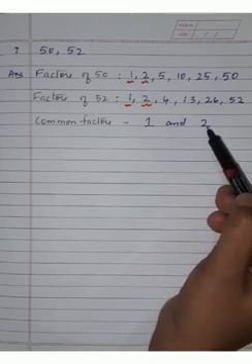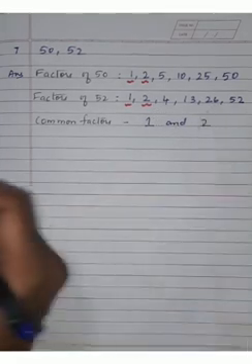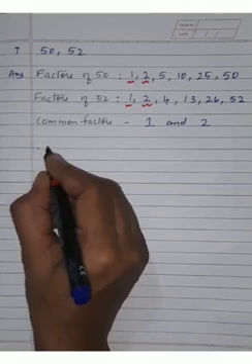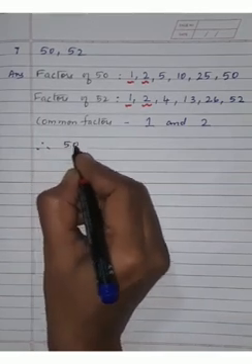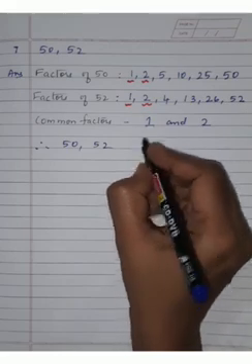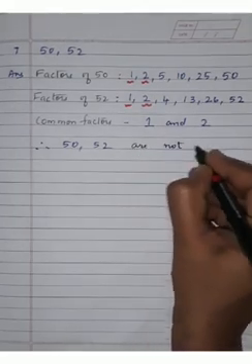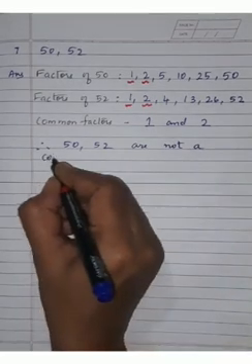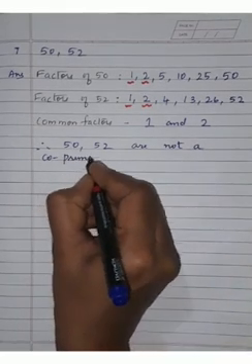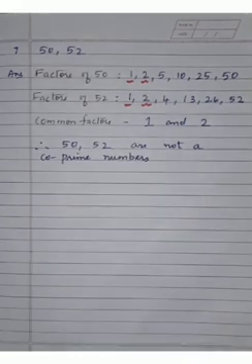But here we are getting 1 and 2 as common factors. So that means 50, 52 are not co-prime numbers. So we will write: therefore 50, 52 are not co-prime numbers. Is that clear?